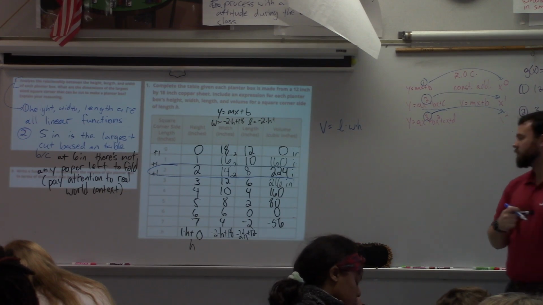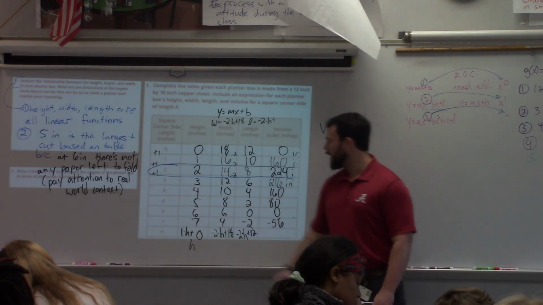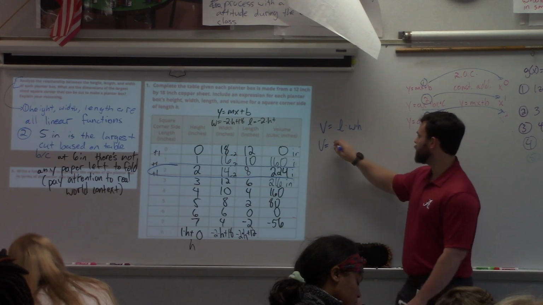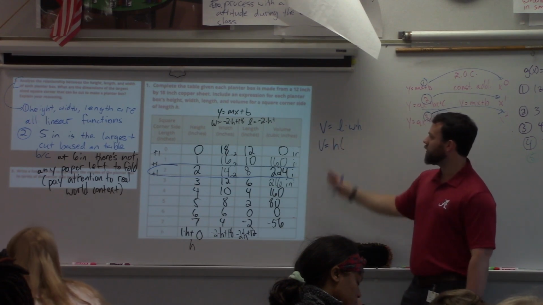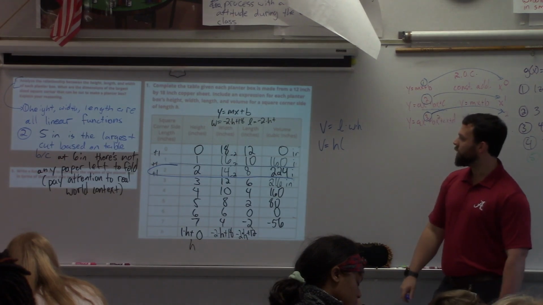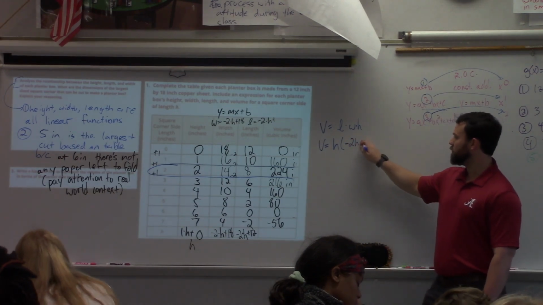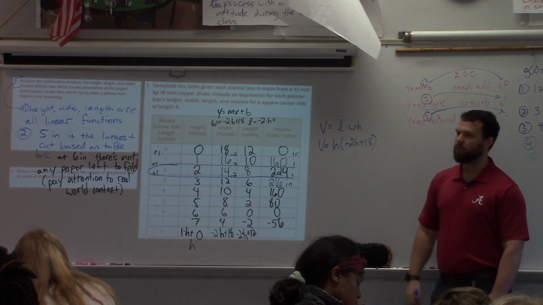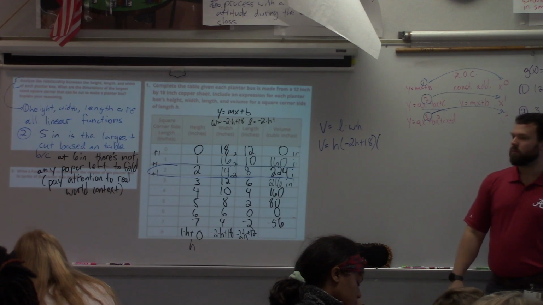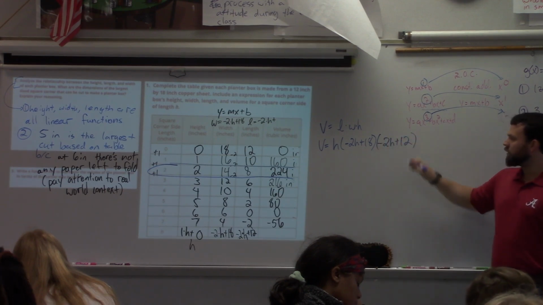Those bottom boxes? What's the first box? The height. What's the equation for the height there? H. Okay? What's something for the width that I can substitute in? And then what about for the height? There is my volume function.